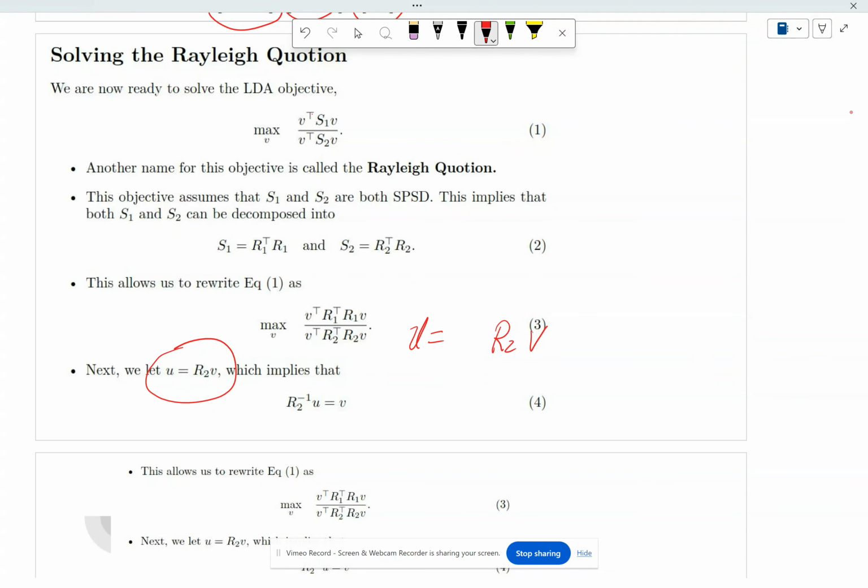If this is the relationship, we can multiply by R2 inverse, and this gives us yet a different relationship: R2 inverse U is equal to V. So right here.